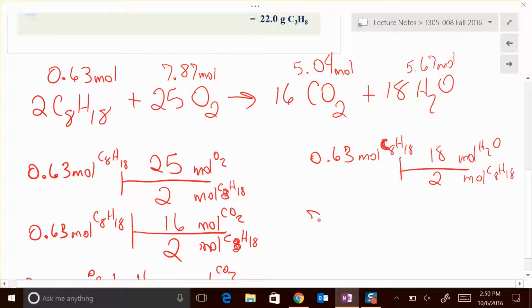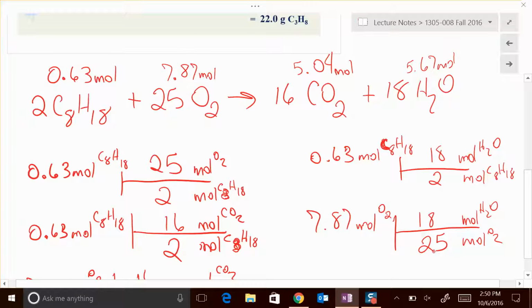Or I could have started with 7.87 moles of O2 and converted it to the moles of H2O from the moles of O2, 18 to 25. Or I could have started with 5.04 moles of CO2. I would get the same answer. Okay? So, were we all getting 5.67? Good. Okay. So that's how I can relate all these by moles through the chemical equation. Okay?